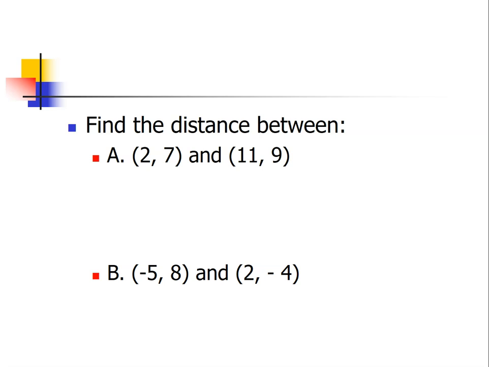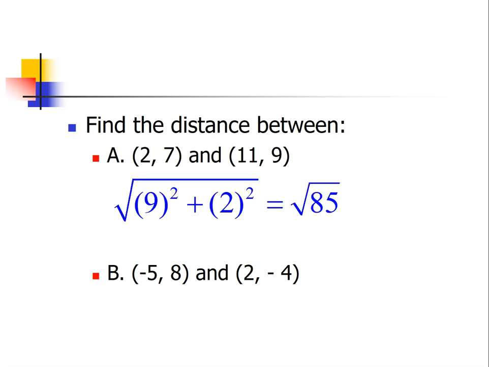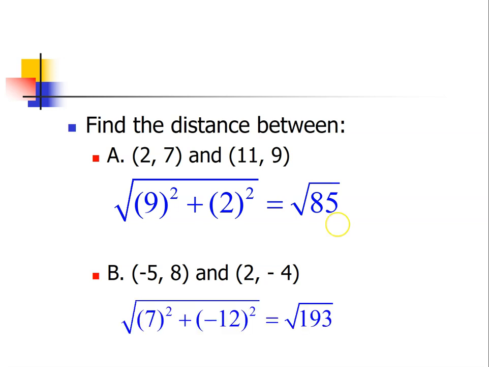So therefore, the distance is equal to the square root of 85. If you cannot simplify inside of the radical, just leave the radical. Just leave your answer that way. But if you can still simplify the value inside of the radical, please simplify to the simplest form. So the first one, the answer will be the square root of 85. And then the next one, the answer is the square root of 193.